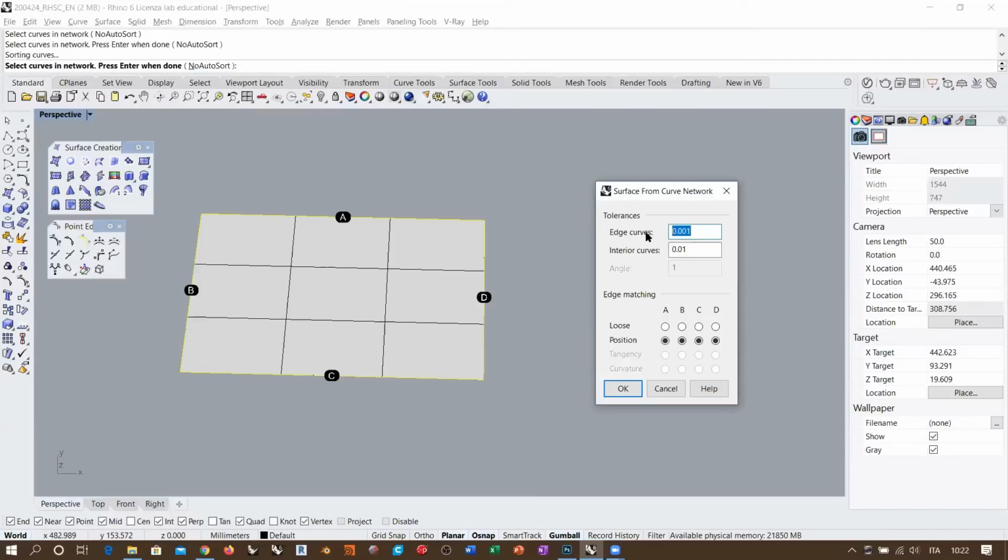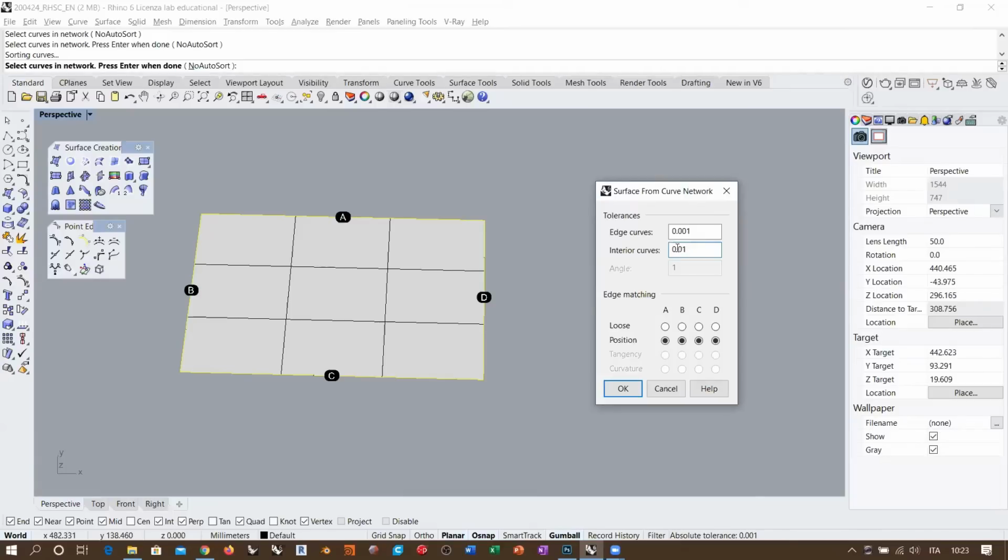That's why edge curves are taken into account with this very precise tolerance value. Okay. While as for the interior curves, the value is smaller. Well, in absolute terms, it is larger, so the tolerance is more, let's say, generous.